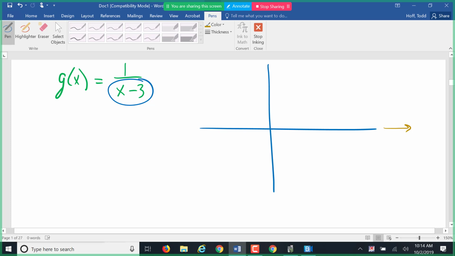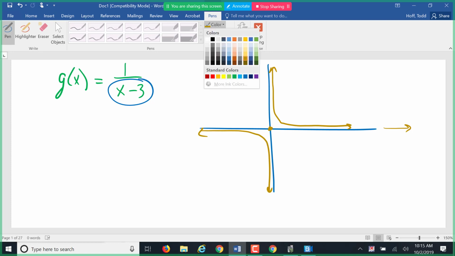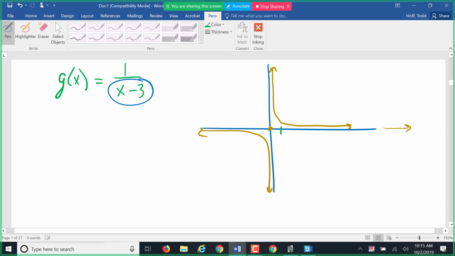So what this is doing is taking what normally would have been the center, where our curve would have looked something like that, and it's moving it over 3 units. So we're going to be centered around there now, and the graph is going to look something like that. It just shifted, or translated, over 3 units to the right.